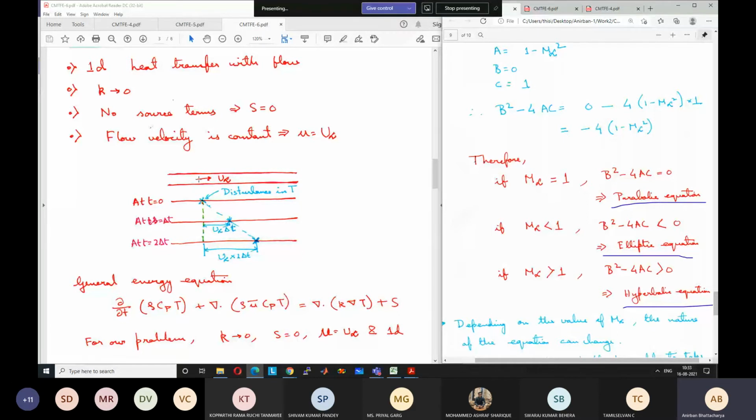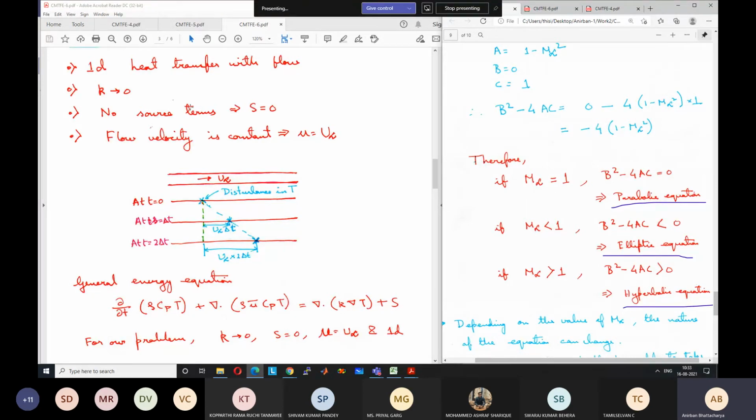So if I change anything here, if the temperature changes at a certain point at time t equal to 0, then after time t, which region will get affected by this change here?